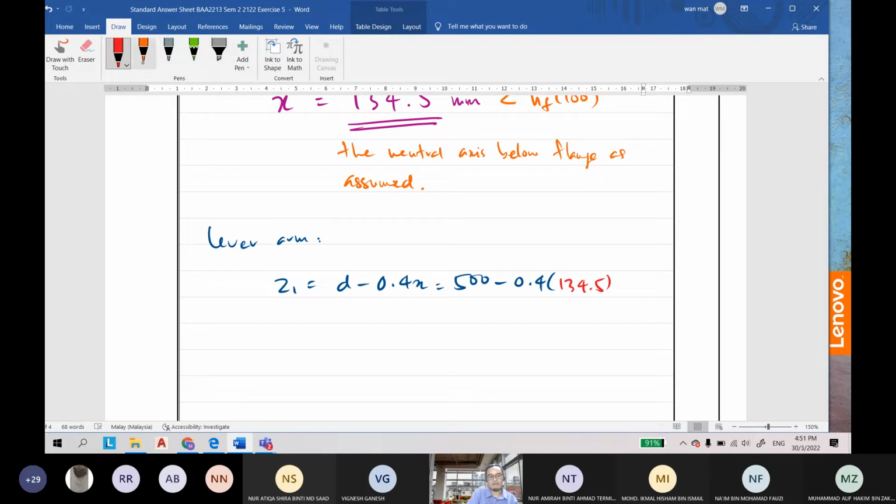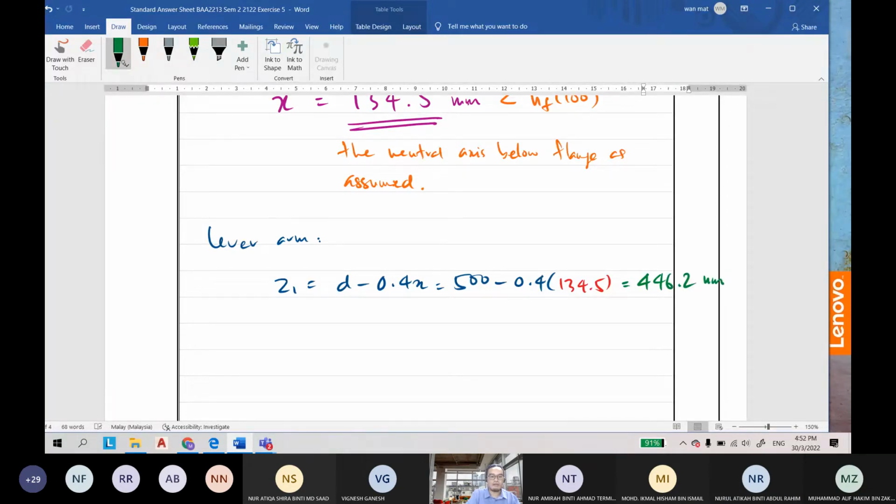So what is the value of Z1 now? 446.2 mm. Okay, good.